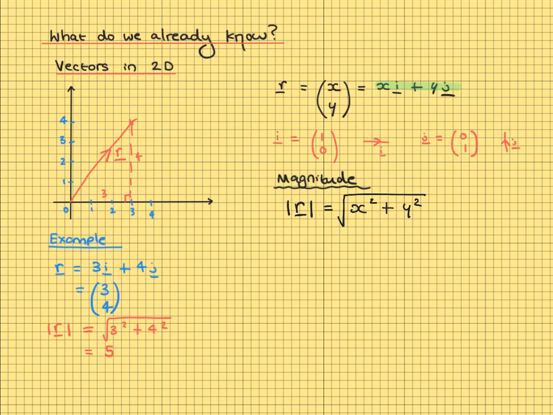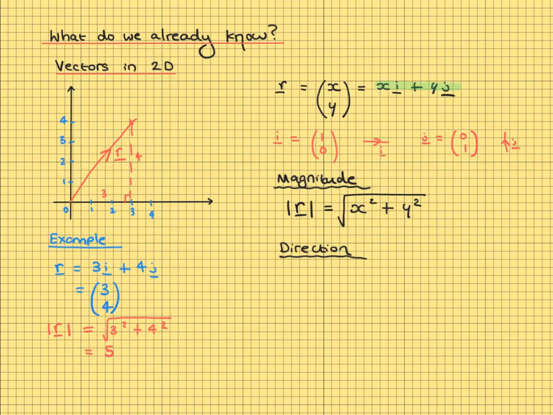Now, what about the direction of my vector? To provide the direction of a vector, I can give an angle or perhaps a bearing. So, for example, let's take the vector 3i plus 4j that we were looking at previously.